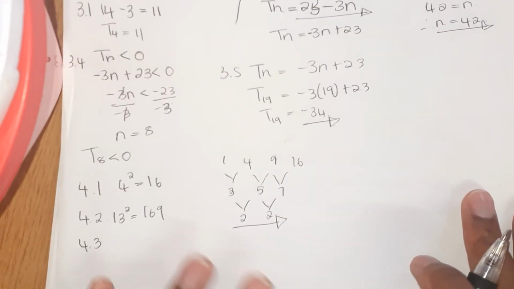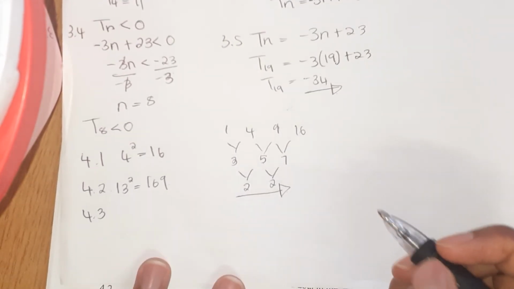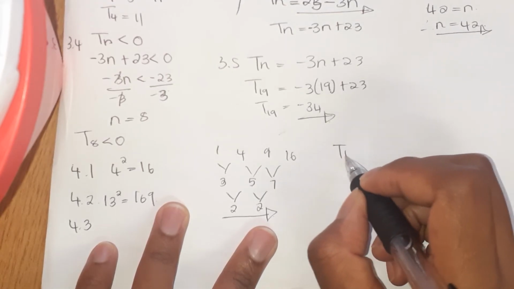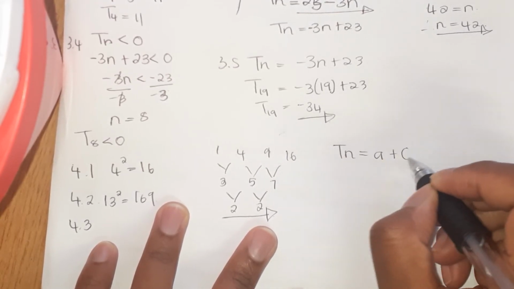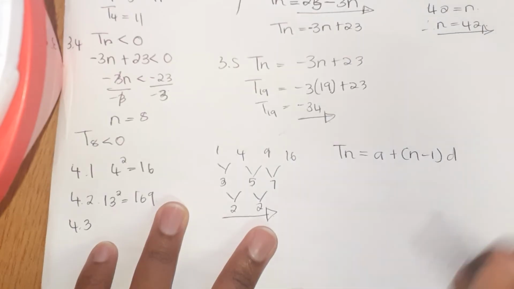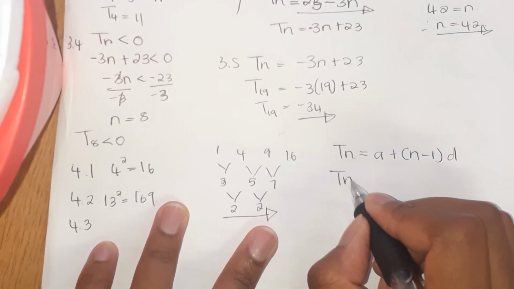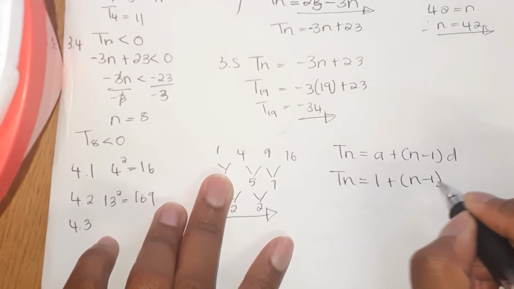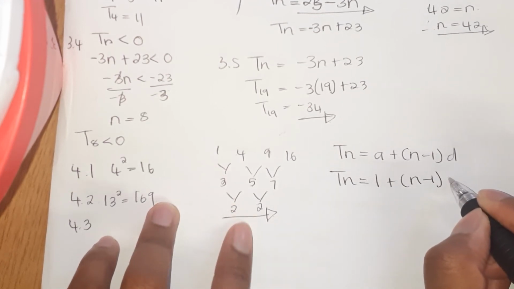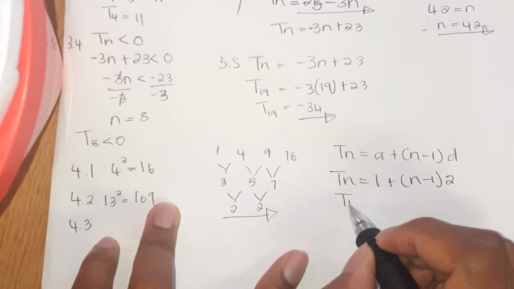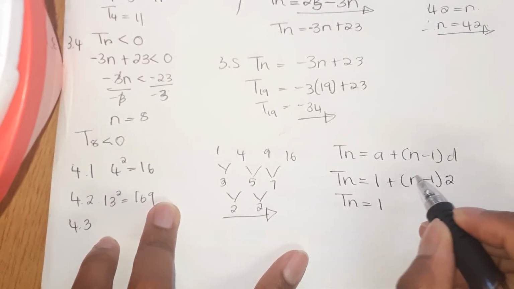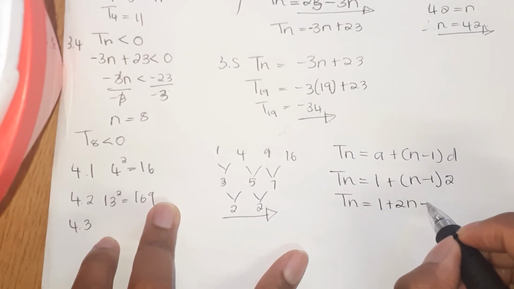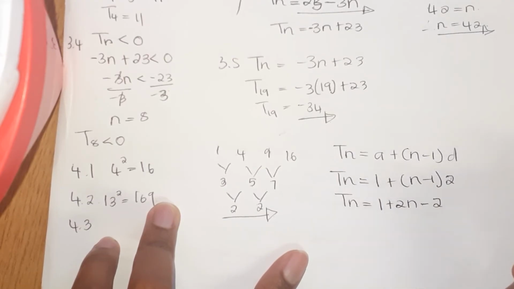All right, so we will still use this formula: Tn equals a plus n minus 1 into d. So Tn equals, the first number is 1, plus n minus 1, and here we have the difference as 2. So 2 times n is 2n, and negative 1 times 2 is negative 2.